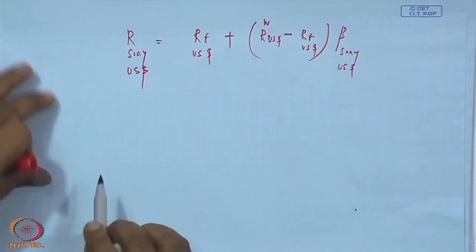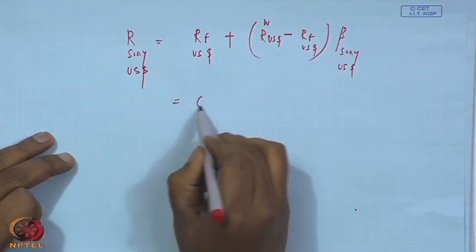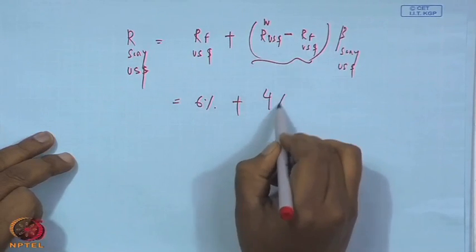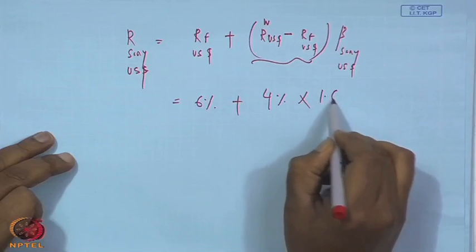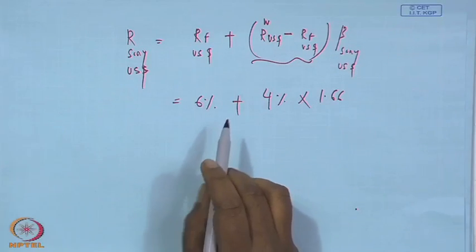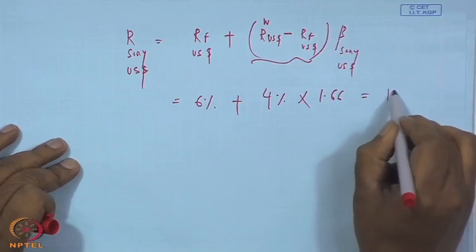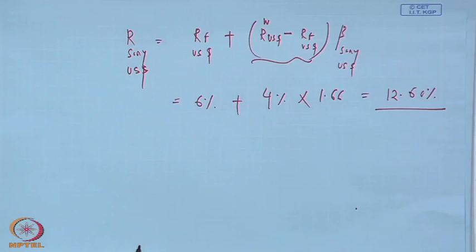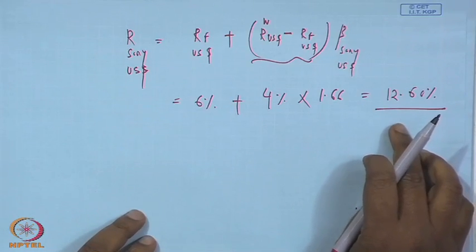Here we know the 6%, the global risk premium of 4%, and the Sony beta of 1.66, which is given to us. This gives 12.60 percent as the cost of equity of Sony in US dollar.